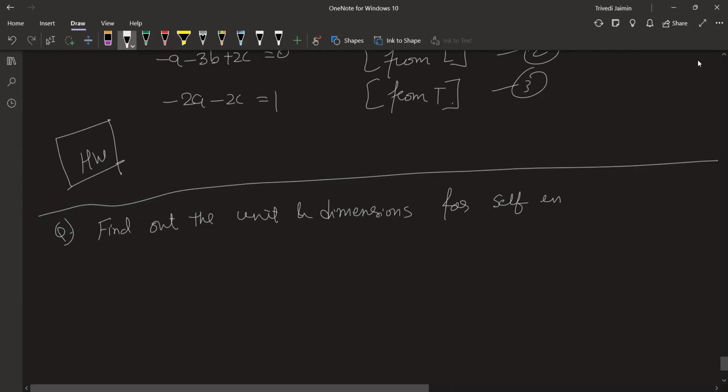Dimension for self or mutual inductance.